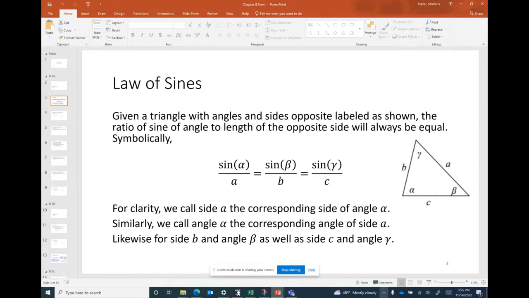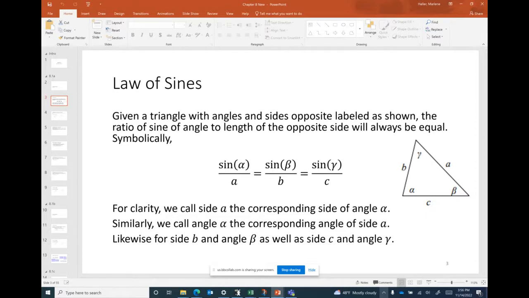If we have a right triangle, of course, we can use the definitions for the trig functions. The sine definition being the opposite over the hypotenuse, the cosine definition being the adjacent over the hypotenuse, and the tangent being the opposite side over the adjacent side. These trig functions do not apply, though, to non-right triangles.